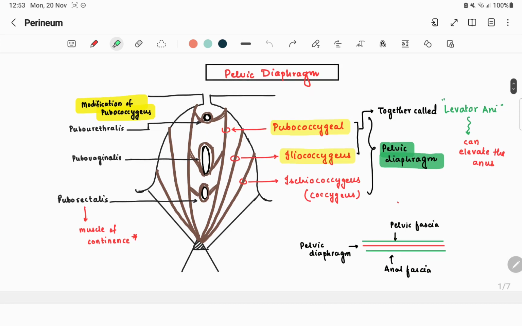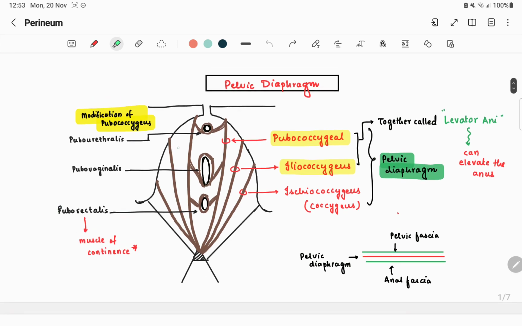You have the urethral opening here, the vaginal opening here, and the rectal opening here. So you have a pubourethralis, pubovaginalis, and a puborectalis. This puborectalis is called the muscle of continence. Understood?